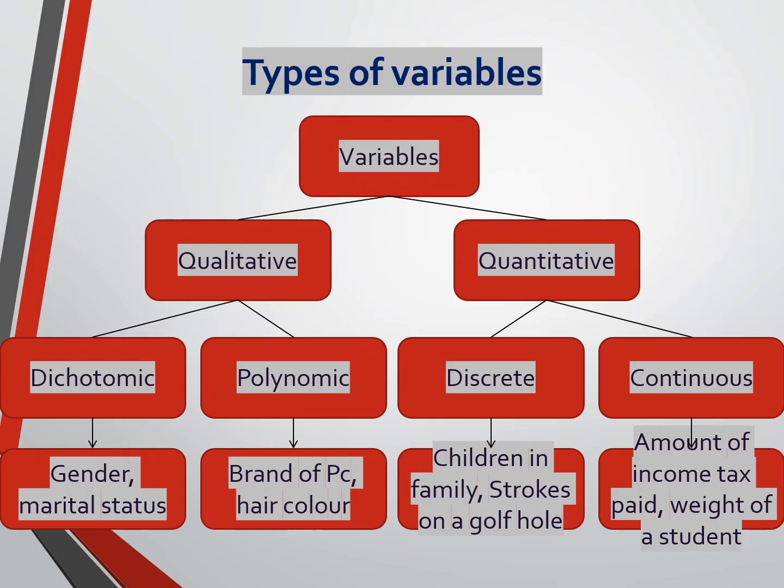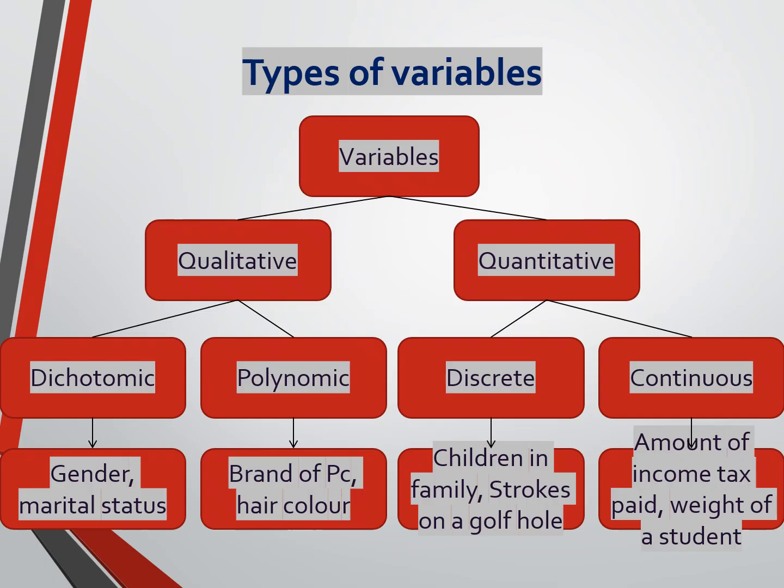Qualitative variables may be dichotomous, like gender, male, female, marital status, married, unmarried, or they may be polynomic, like a band of PC. So when we say dichotomous, it means it is a nominal data type.